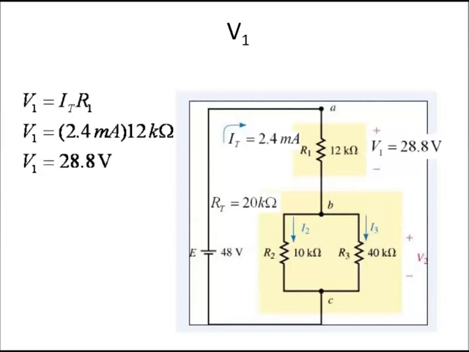The voltage across R1, which is denoted as V1, works out to the total current times the value of R1, which is equal to 2.4 milliamps times 12 kilo ohms, which equals 28.8 volts. Hopefully you got this value. If you didn't, go back and do it again.